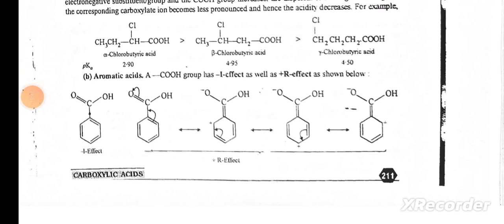Aromatic acids. A COOH group has minus I effect as well as plus R effect as shown below. Look at these structures.